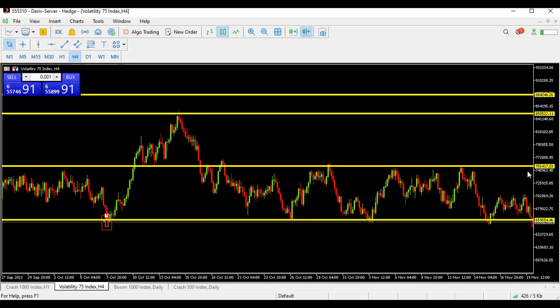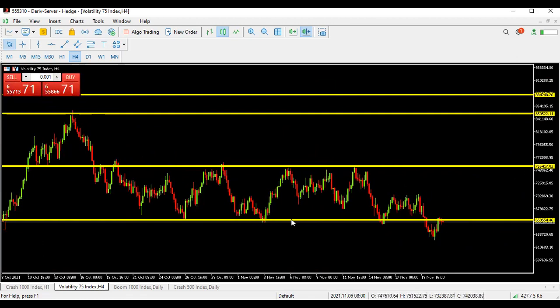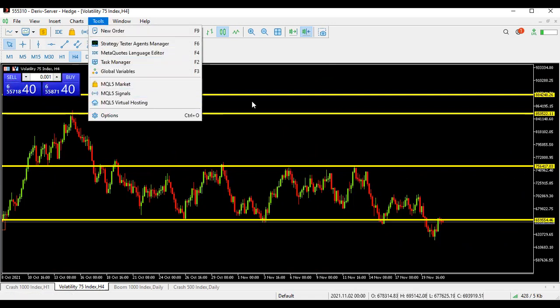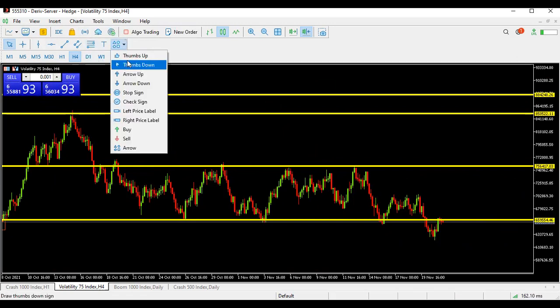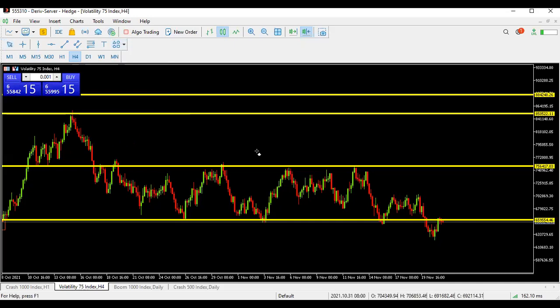Look at the upside as well. There was a trade that is going on here. There's a trade I have now that is going on. Look at this one here.